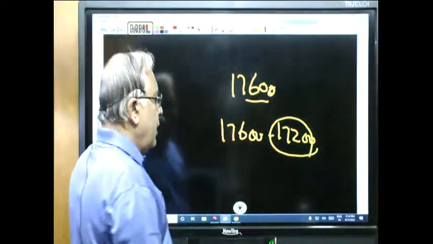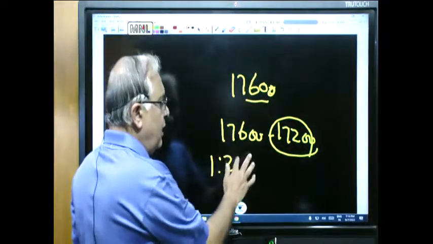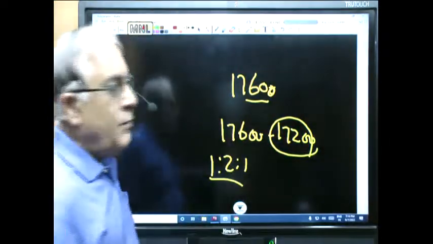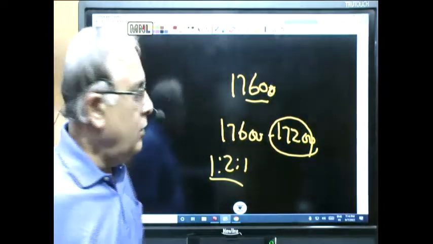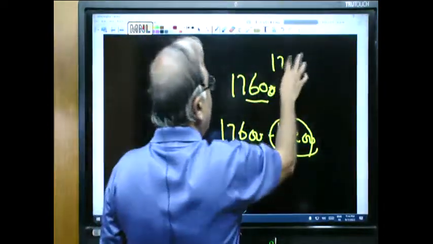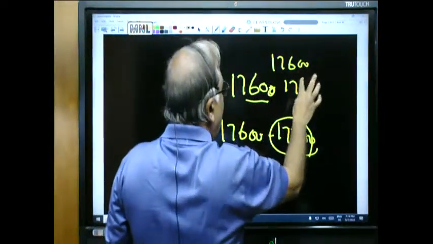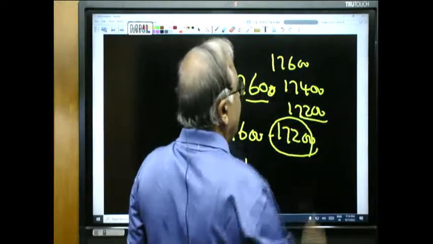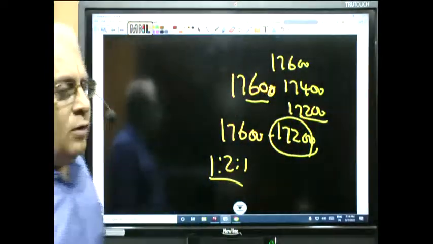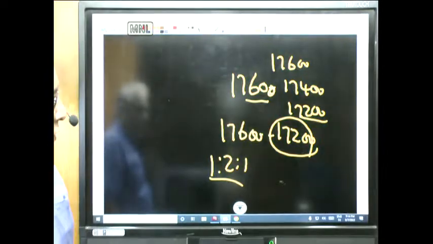So 1:2:1, let us say we do 17.6, 17.4 and 17.2. That is a butterfly option. Let us see first of all what is the premium that we have for this for the coming week of 15 September. So 17.6.